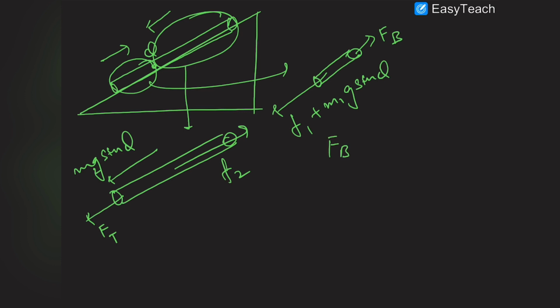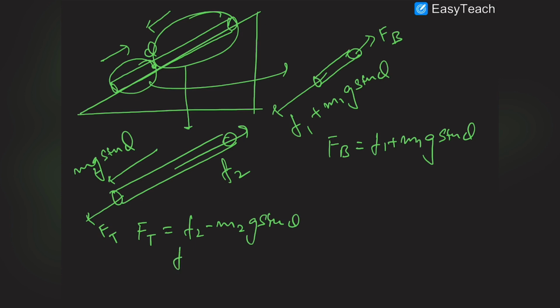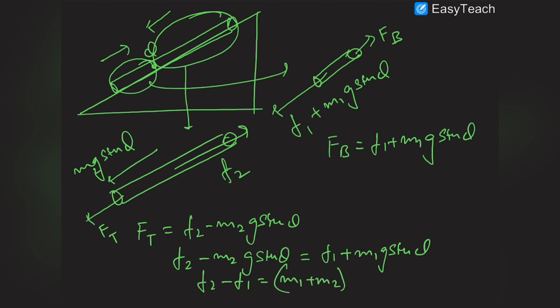So F bottom from this diagram will be F1 plus m1g sine theta, and F top will be equal to F2 minus m2g sine theta. Again, these forces will be equal, so F2 minus m2g sine theta will be equal to F1 plus m1g sine theta. So F2 minus F1 will be equal to (m1 plus m2)g sine theta.